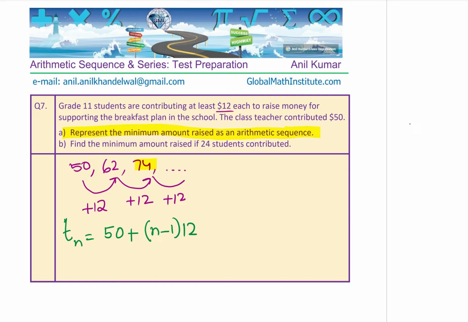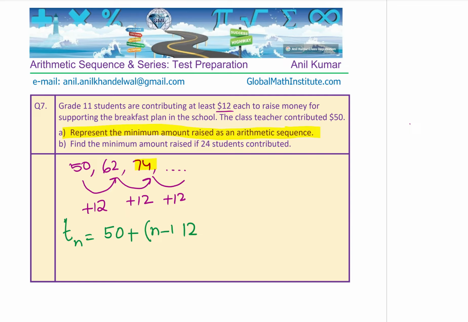So that is all. If there is one student, in that case, we have the first term, right? So those are the number of total people, including the teacher. Now you can check that if there is one student, then 1 minus 1 is actually 0. 0 times 12, you do not get the first term, right?